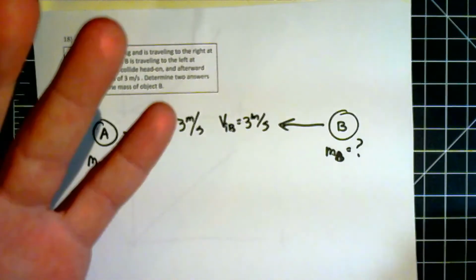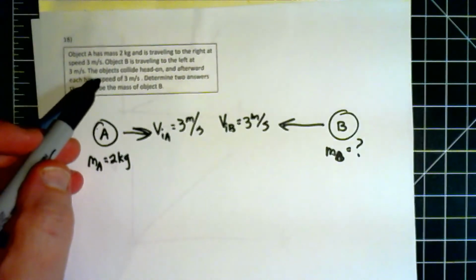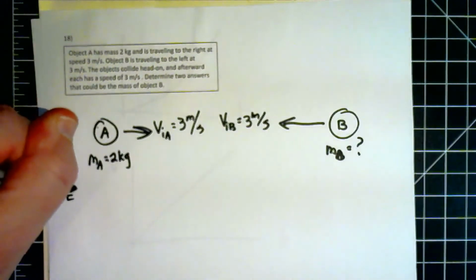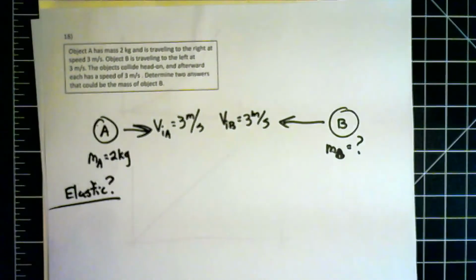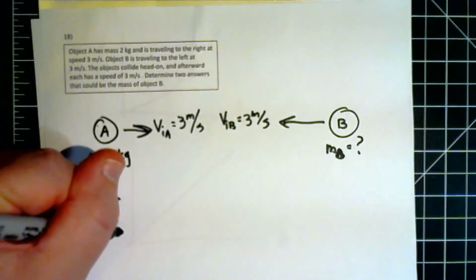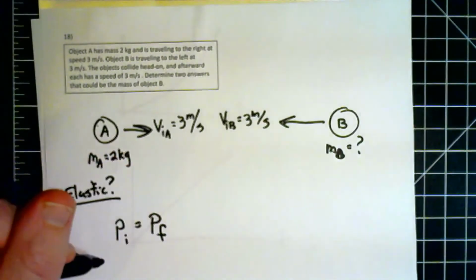Well, let's do the obvious one first. Let's assume that this collision is elastic. What is it if it's elastic? So what I'm going to do is say P initial is equal to P final.